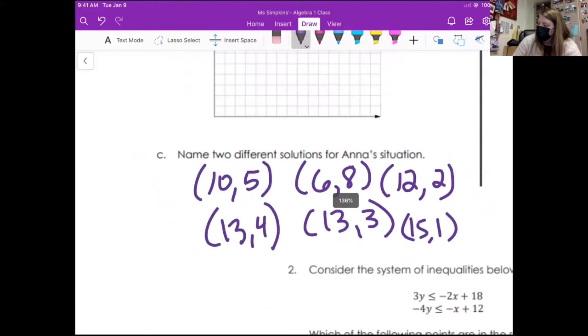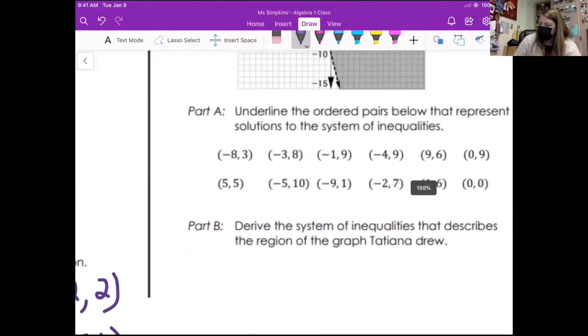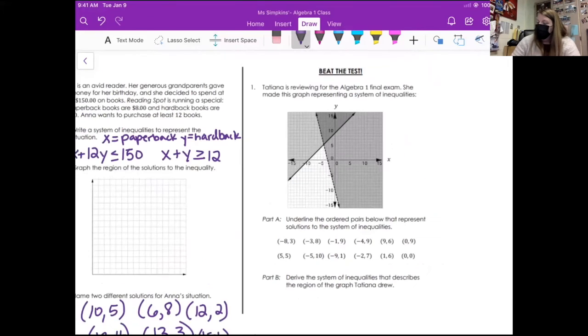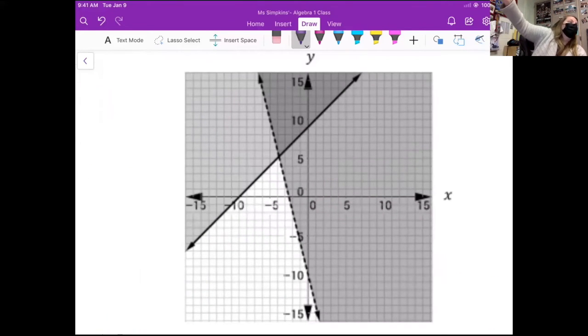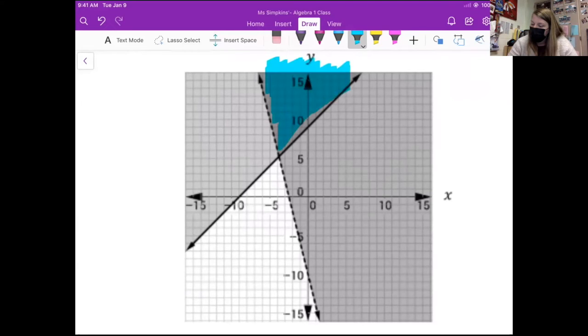All right, let's look at one more problem and then I'll give you the rest of the time to work on your homework. This one's already graphed for us. The bottom triangle is our white space here. The solution area is at the very top, where the shadings intersect with each other.